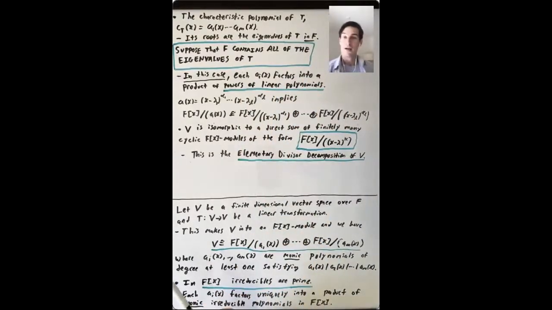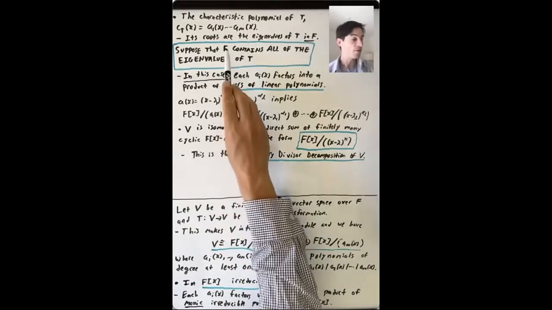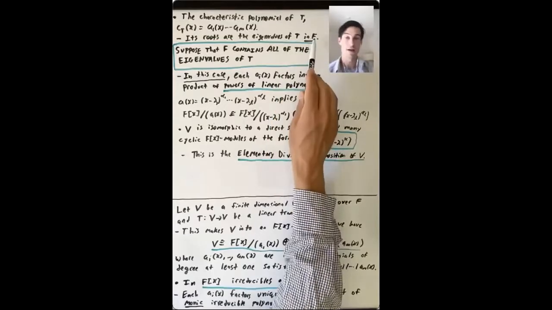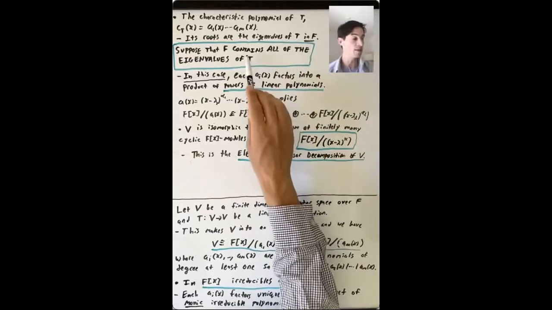So now we're going to make an assumption that's really important for this section and the discussion of Jordan canonical forms for matrices. We're going to suppose that F contains all of the eigenvalues of T. So why is that an important assumption?